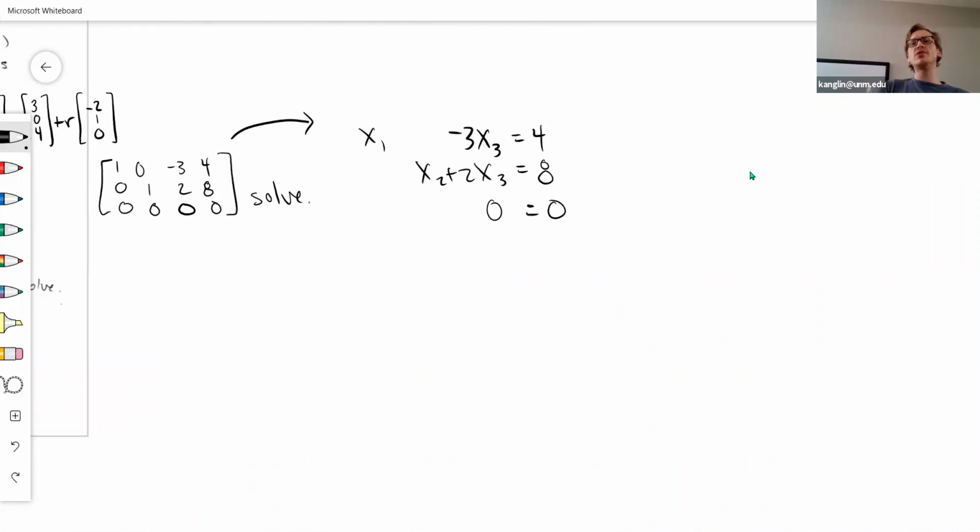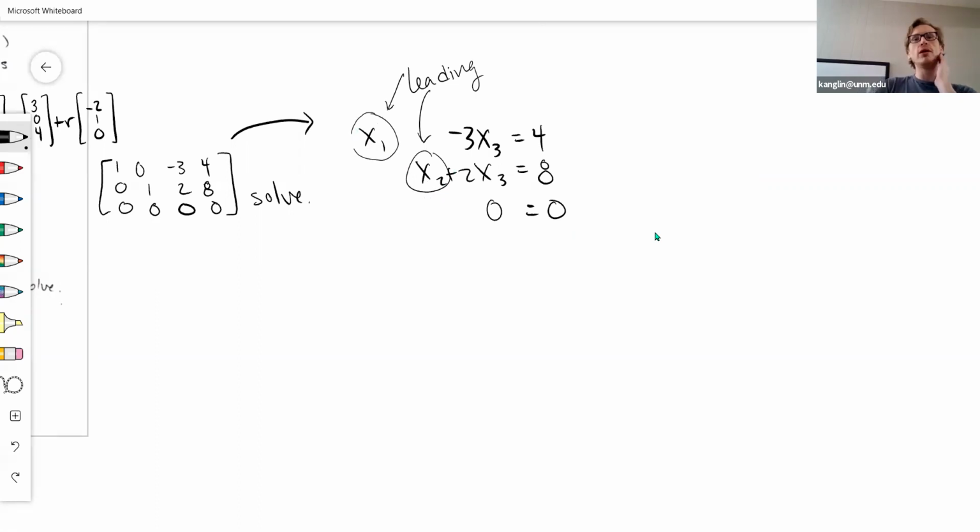So if we want to solve this, remember what we do. We look for the leading variable in each equation. In this case, that means the x1 in the first equation and the x2 in the second. Leading variable just means once you're in REF form, looking left to right across the equation, the first variable you come across that doesn't have a zero coefficient. In the first row, that's x1, and the second, that's x2.